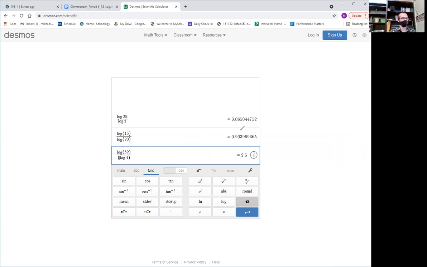If you're wondering how to do it on a phone calculator, like if you have an iPhone, you have to type in 32, then click your log button. Then you would go divided by. Then you would go parenthesis, because you need to be able to put this in a parenthesis. Then you would type in 4. Then you would click your log button again.